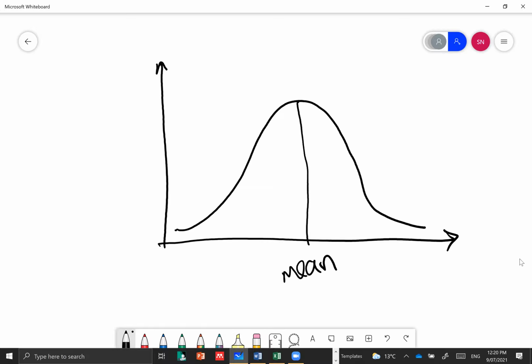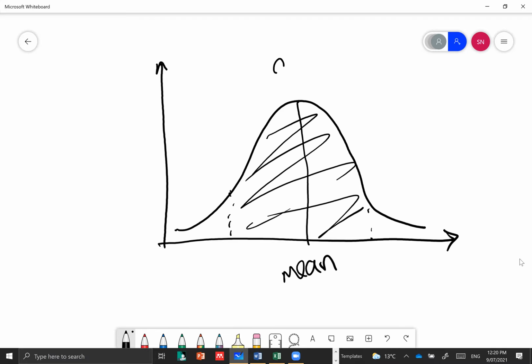We said we want 95% coverage or confidence interval. So let's say that ranges from here to here. So this region here represents the 95% confidence interval.